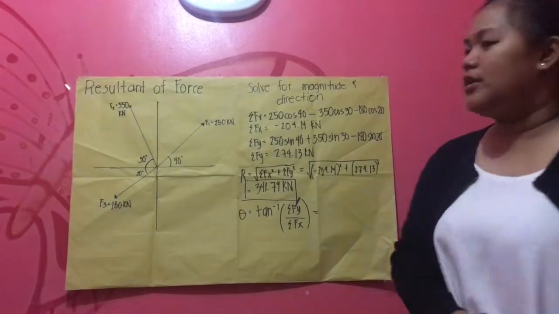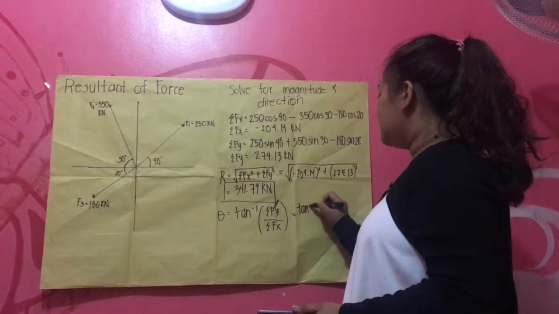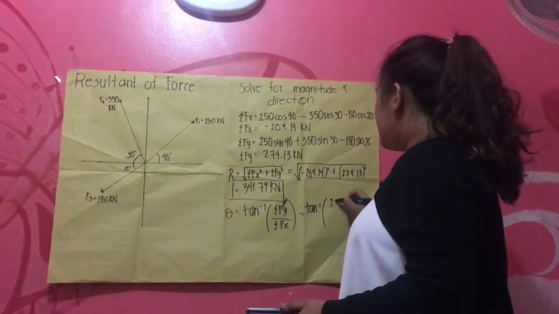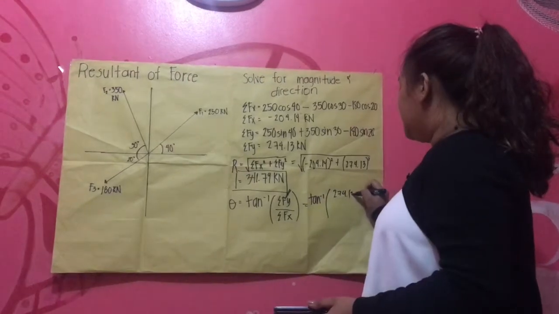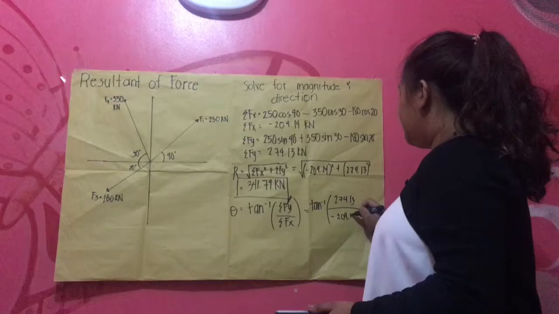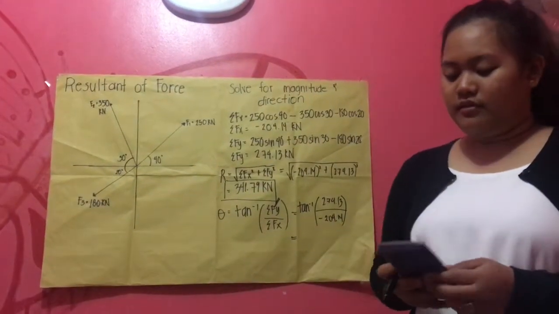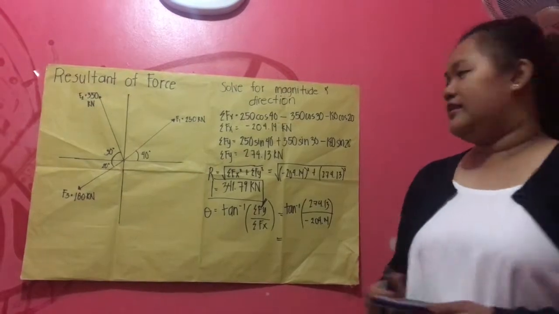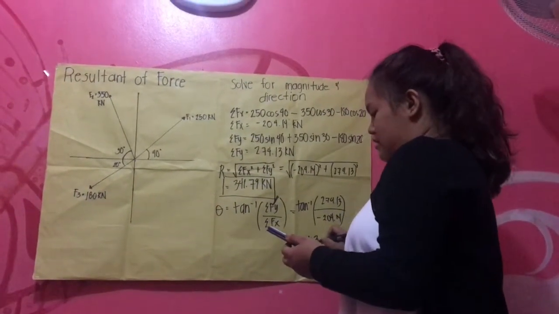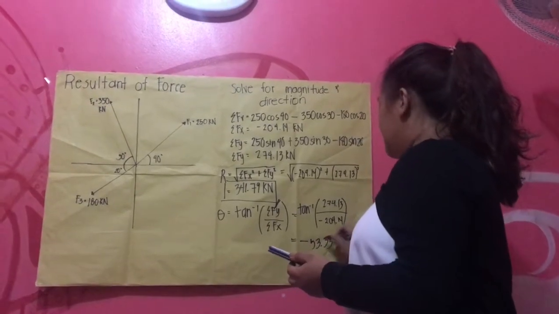So for this formula, we have the value of inverse tangent of 274.13 over negative 204.14. By having these values, we get negative 53.33 degrees.